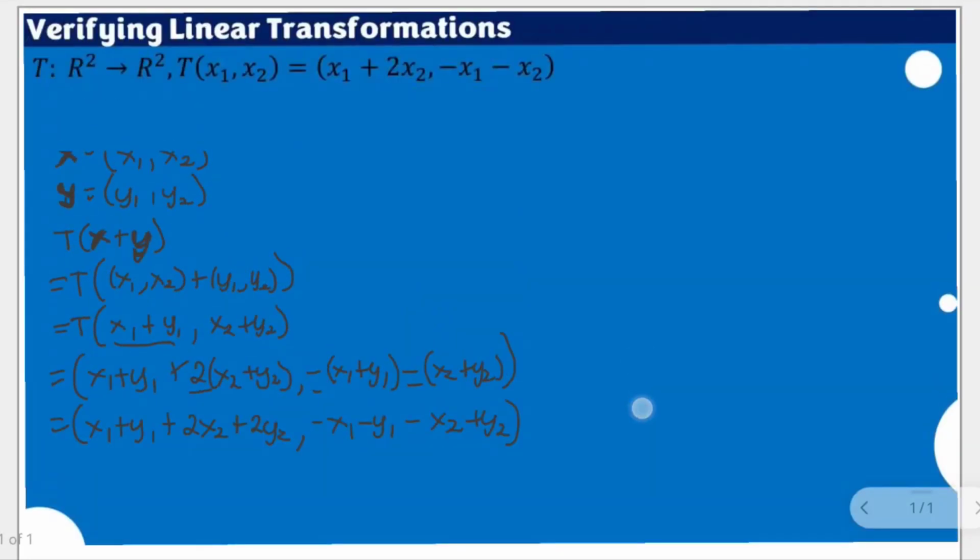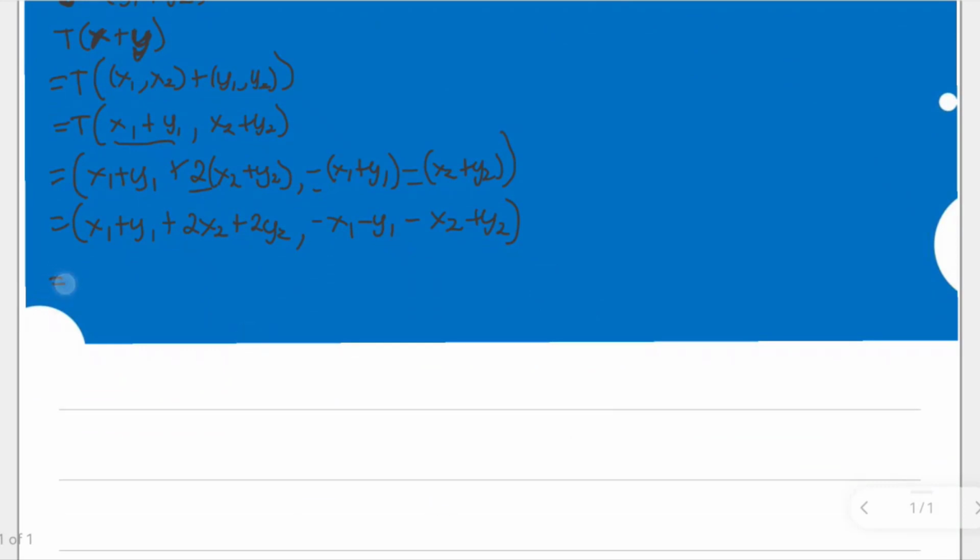Since our goal is to come up with the sum of the two different transformations, let's take all entries of the x vector into one group, and the y vector into the other group. That would mean x sub 1, I'm going to write this first, plus 2x sub 2 plus y sub 1 plus 2y sub 2, and it's possible because we're just interchanging them.